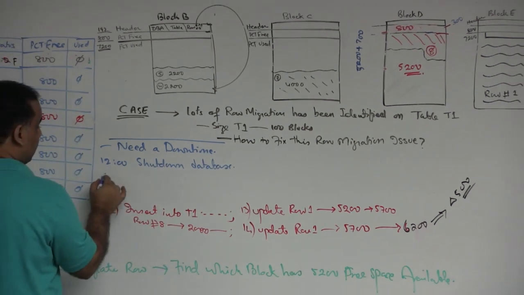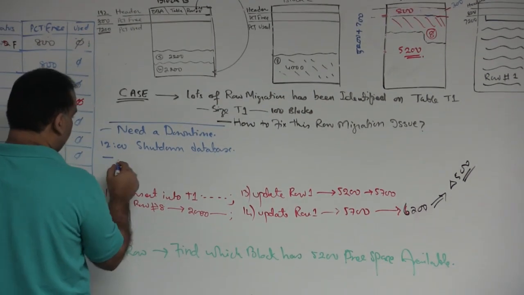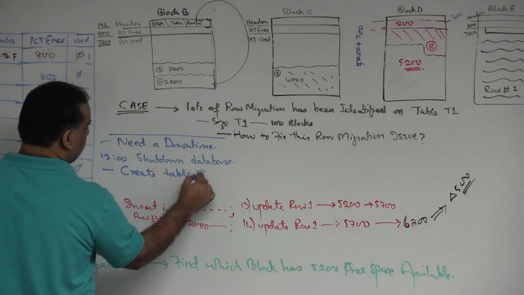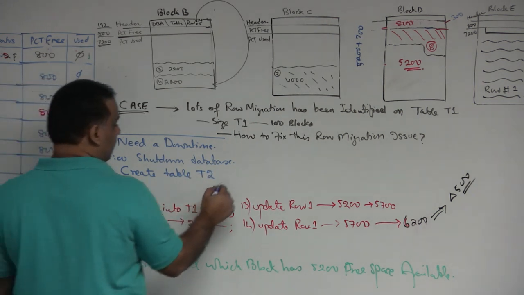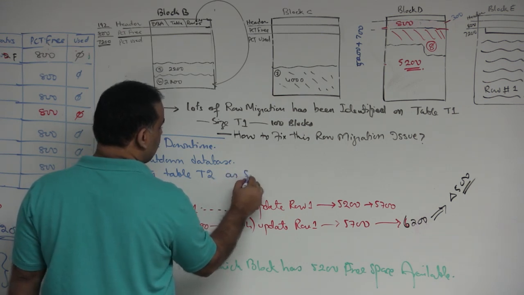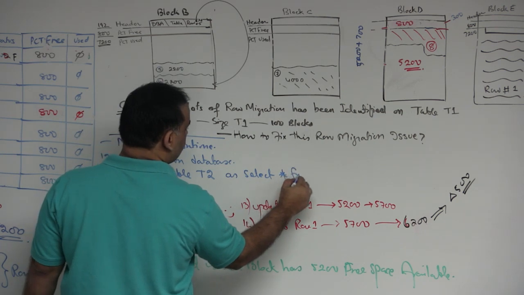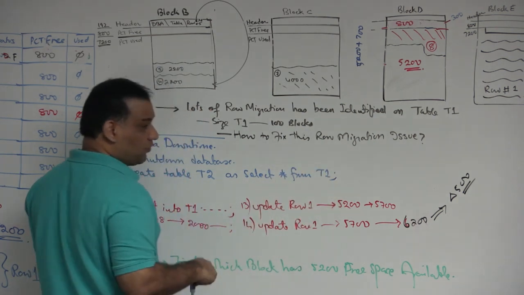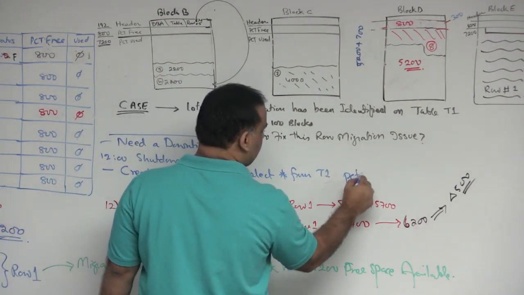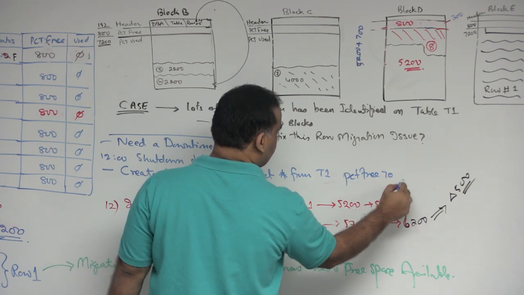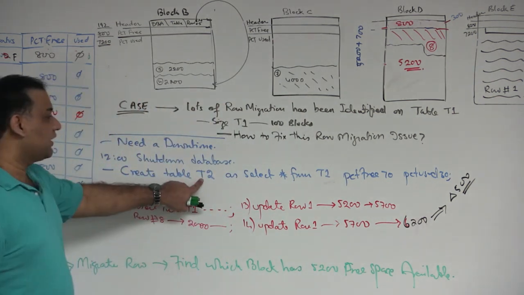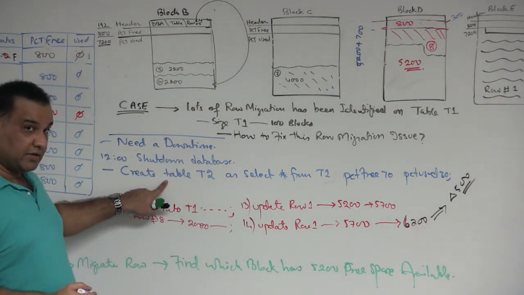Once we shut down the database, we'll say create table T2 as select star from T1, but if you execute right here, it will be the same design, PCT free and PCT used. Here I'm going to say PCT free is 70% and PCT used 30%. So now we have a T2 created with these new settings? It has all this new data, yes?